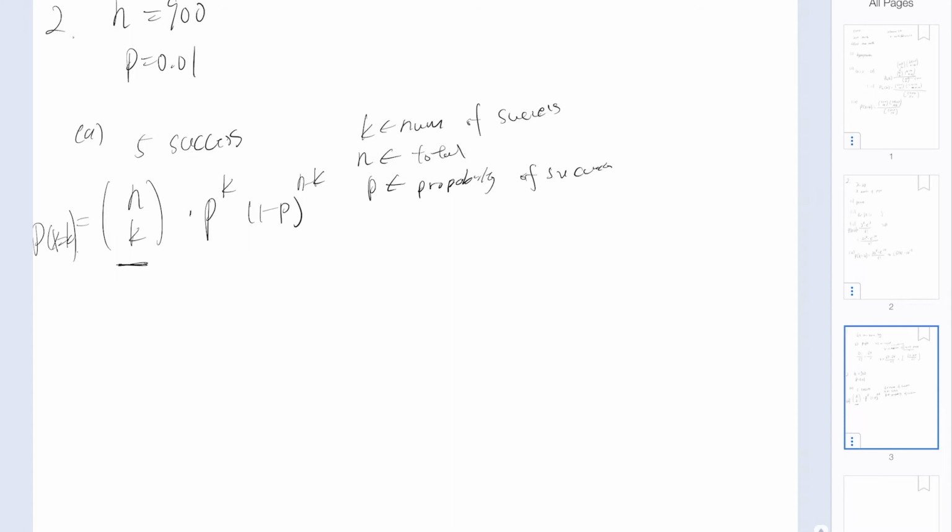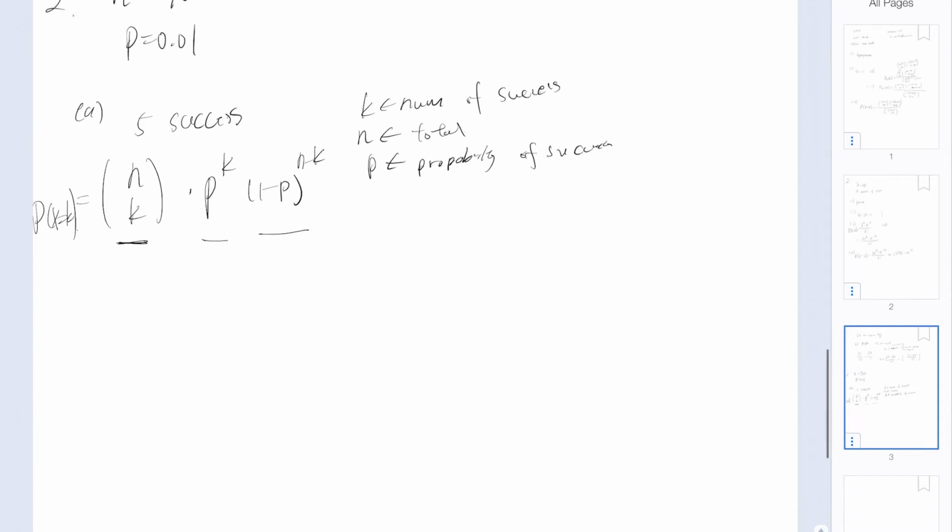Each success has its own probability, so we multiply that many times, and the rest of them have to be non-successes.